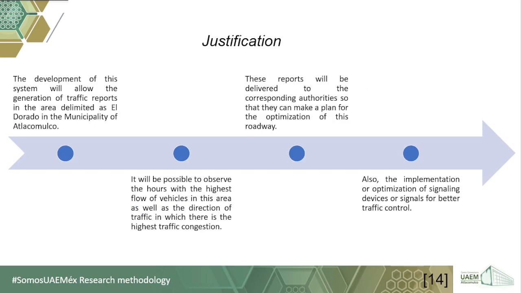In the justification, the development of this system will allow the generation of traffic reports in the area delimited as El Dorado. It will be possible to observe the hours with the highest flow of vehicles in this area. These reports will be delivered to the corresponding authorities so that they can make a plan for the optimization of this roadway. Also, the implementation of optimization of signaling devices for better traffic control.